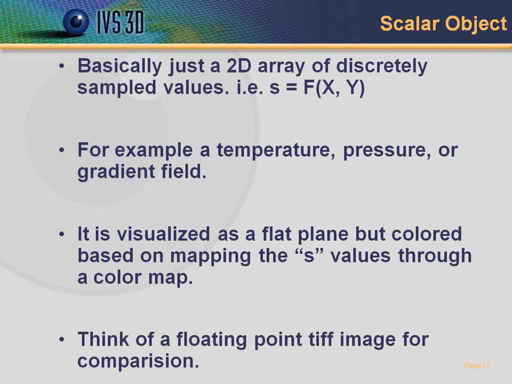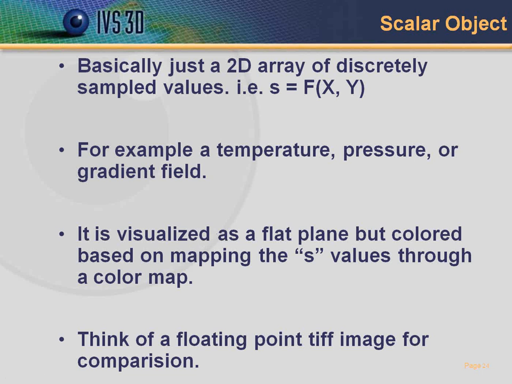I'm going to just cover, there is actually a scalar object as well, which is separate from a surface in that it's similar in that it's a 2D array of discretely sampled values. It's generally not height data. It's often like, say, temperature, pressure, slope. Could be an interpretation model, whatnot. And the trick is how is it visualized.